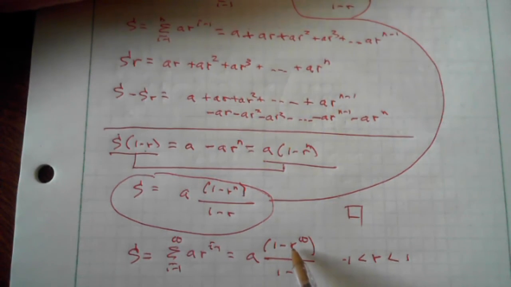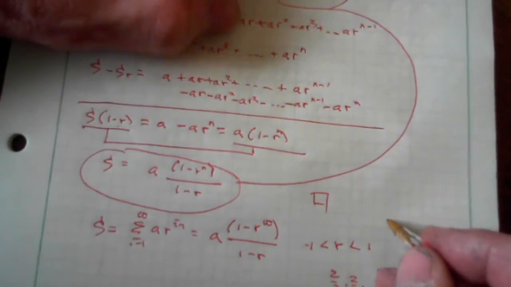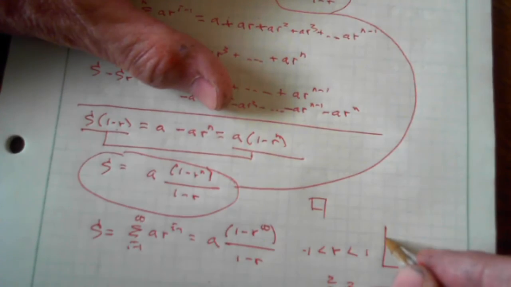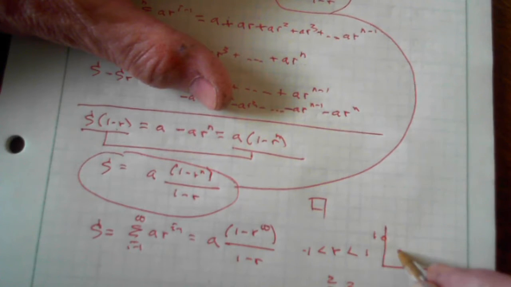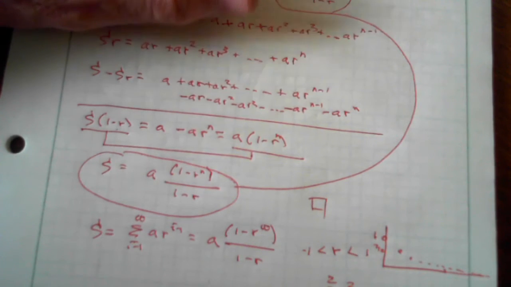Now, if r is small, as in between -1 and 1, then let's imagine a fraction like 2/3. Well, 2/3 to an infinite power would be 2/3 times 2/3 times 2/3 forever and ever. So it gets smaller and smaller. I'm going to draw a little graph of that. Here's 2/3 to the 0. Here's 2/3 to the 1. Here's 2/3 to the 2, 3, 4, 5, 6, 7, 8. See how it's heading to 0. So as I go to the right forever, it will get closer to 0 forever.